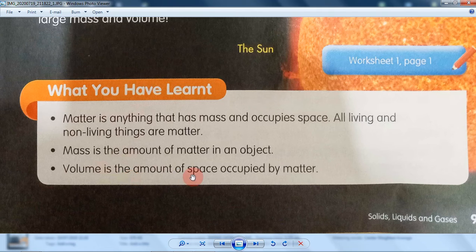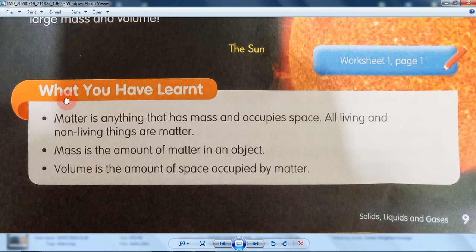Volume is the amount of space occupied by matter. As simple as that. Take your book and write this down. All you have learned, and just remember it. Matter is zat in Indonesian. Mass is massa. Volume is volume.